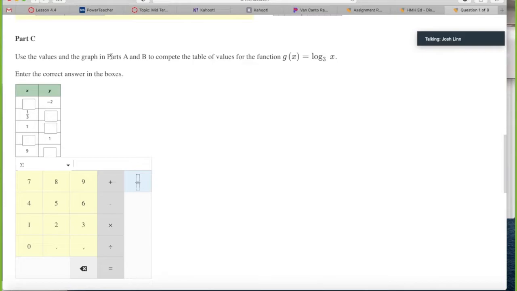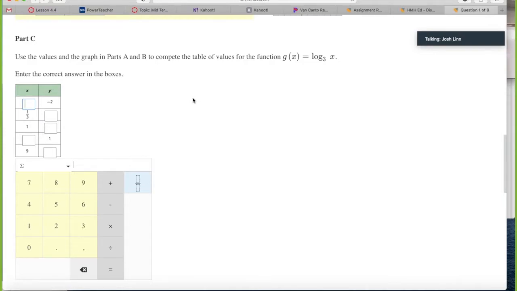Now use the values of the graph to complete the tables for g of x equals log base 3 of x. So what number do we plug in to get -2?